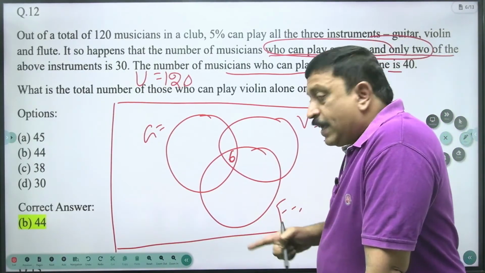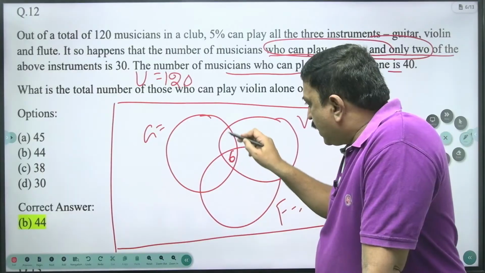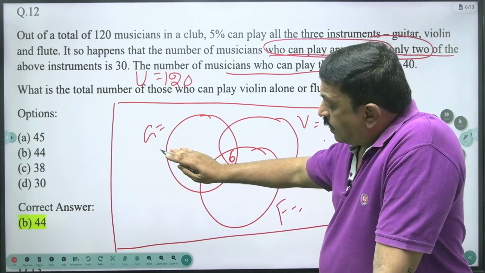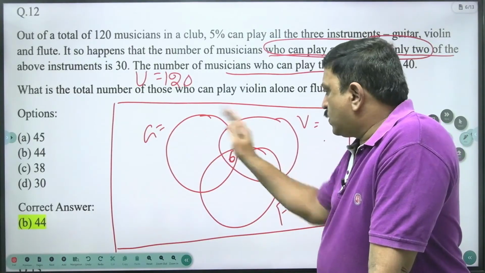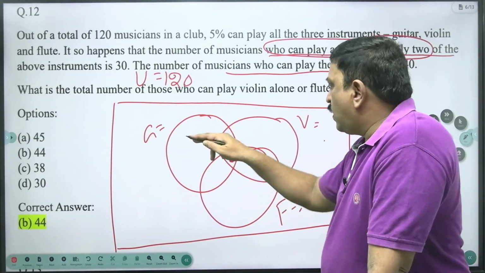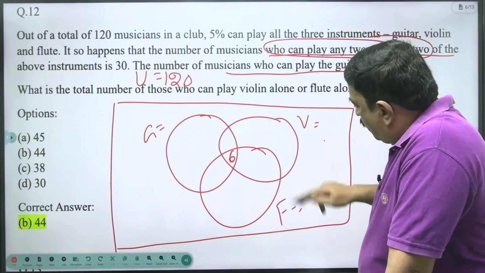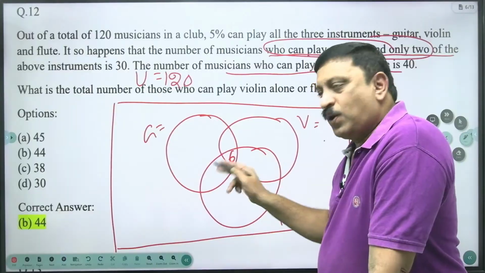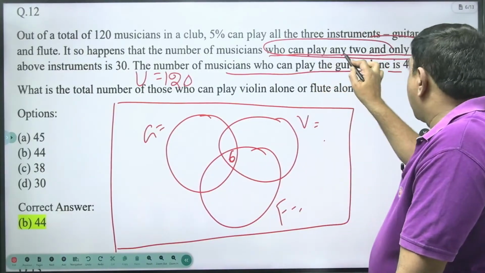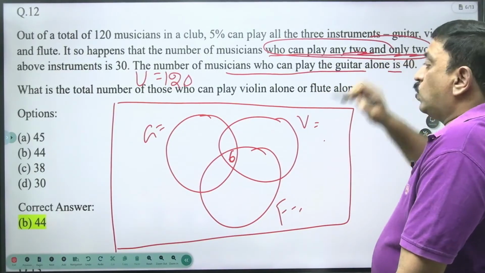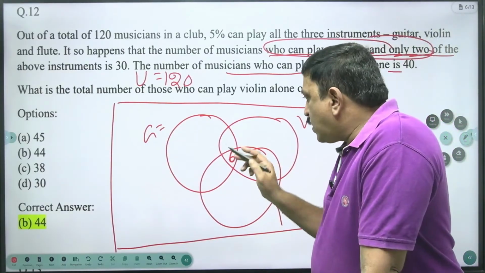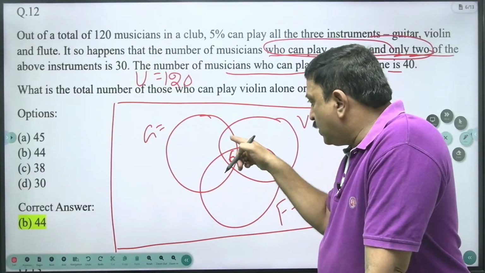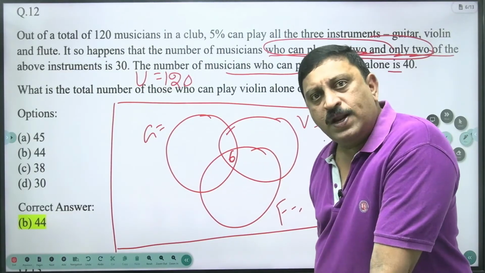Any 2 means any 2 games, either guitar and violin, or violin and flute, or flute and guitar, means their intersection points. And only 2 means not the entire intersection, remove the 3, this is what only 2 actually is.